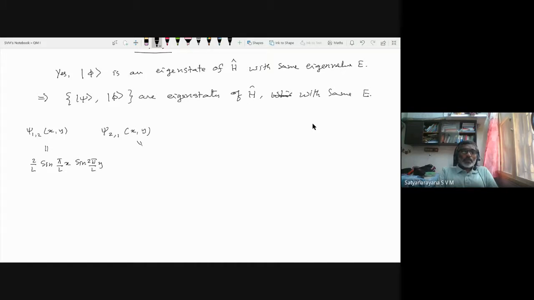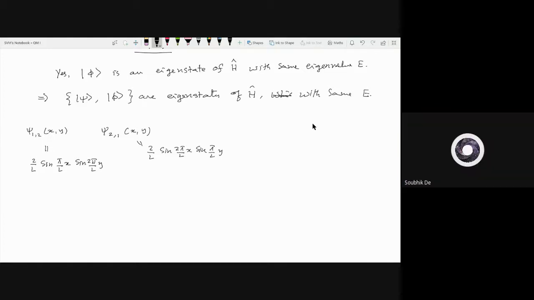And this wave function is 2 by L into sine 2 pi by L into x and sine pi by L into y. These two are two different functions, no? So mathematically we can differentiate between these wave functions, because it depends on our preference, right? So whatever we choose as x and y.